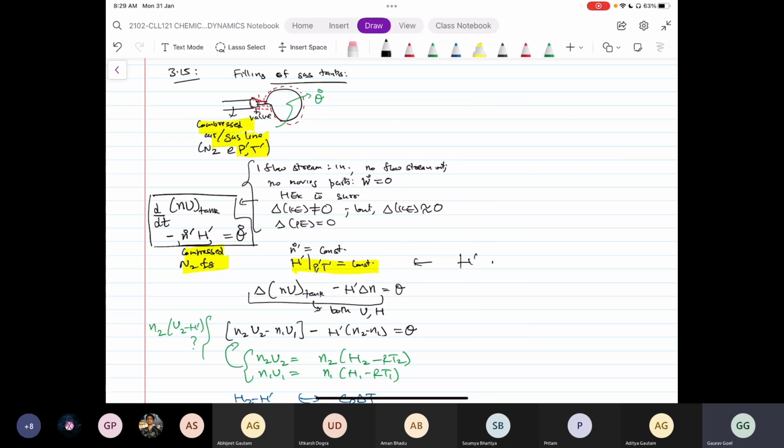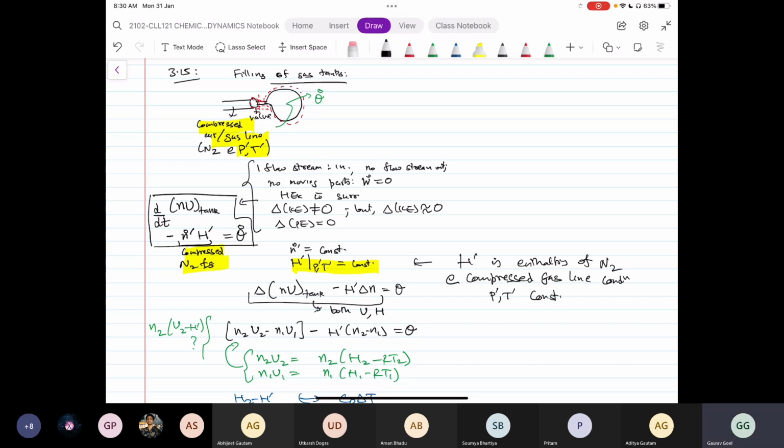So H prime is the enthalpy of the gas, which was nitrogen, at compressed gas line conditions, and those conditions in the compressed gas line are constant.